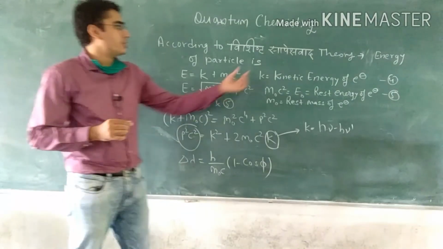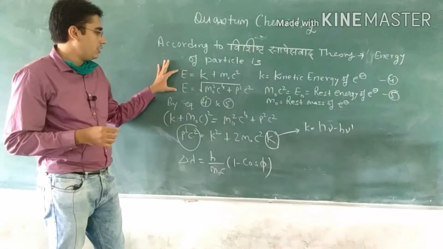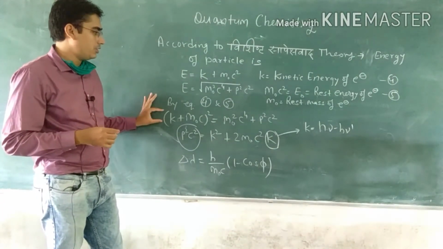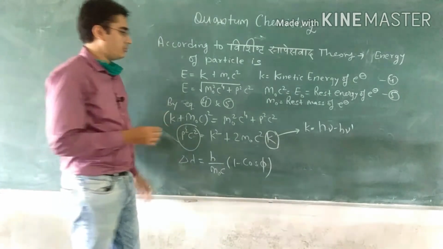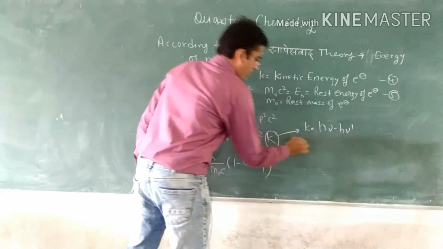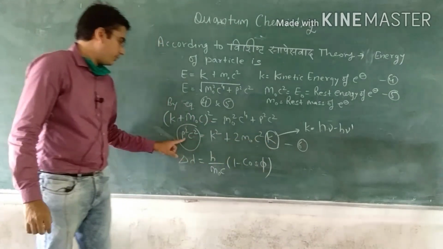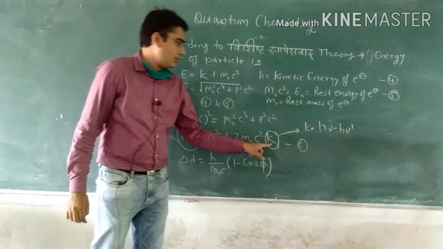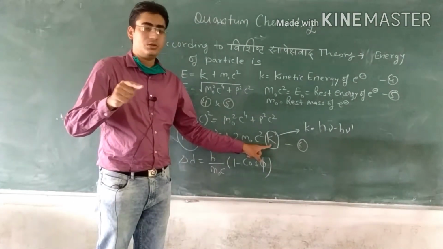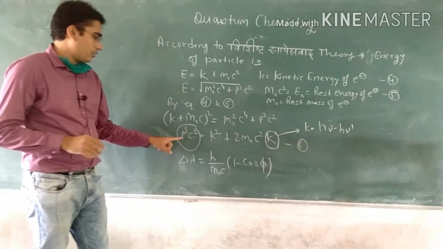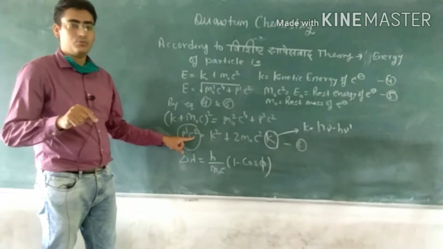In the theory of relativity, the energy of a particle is given by this equation. We equate equations 4th and 5th here and rearrange them, then we get this equation number 6. Here in equation number 6 you will get K and p square c square. The value of K we get from the law of conservation of energy, and the value of p square c square we get from the law of conservation of momentum.